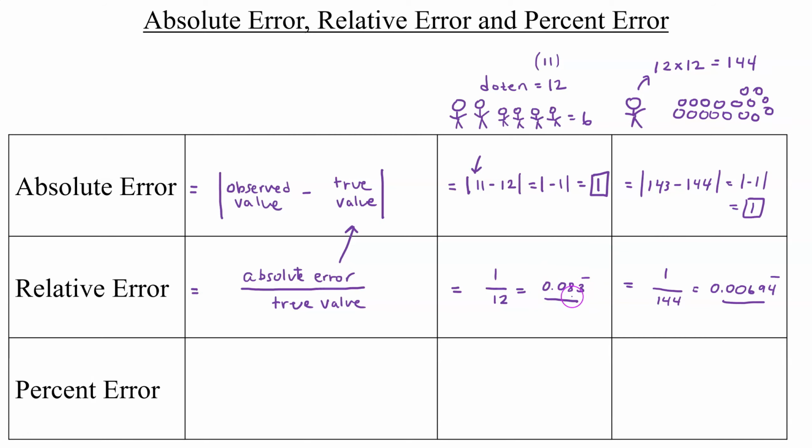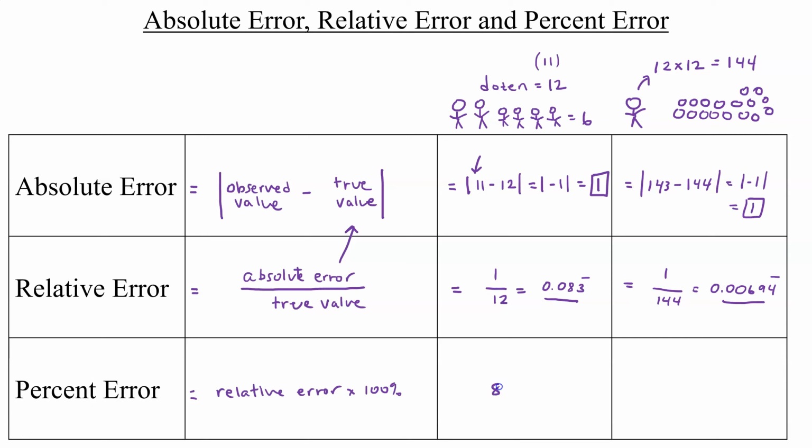And then generally we're not going to express it like this. We're generally going to express it as a percentage. So percent error is the relative error times 100%. So it's going to be 0.083 times 100%.